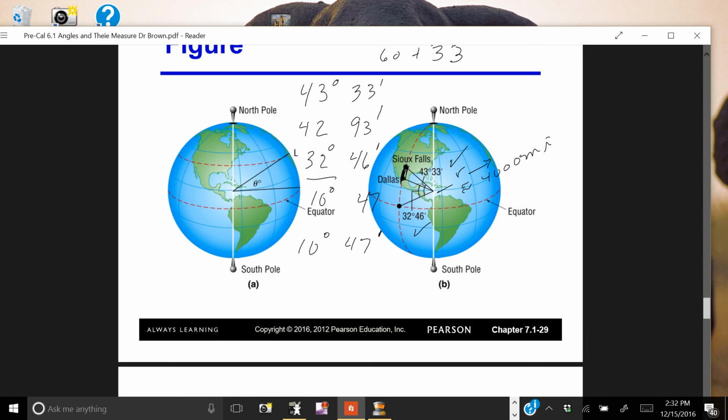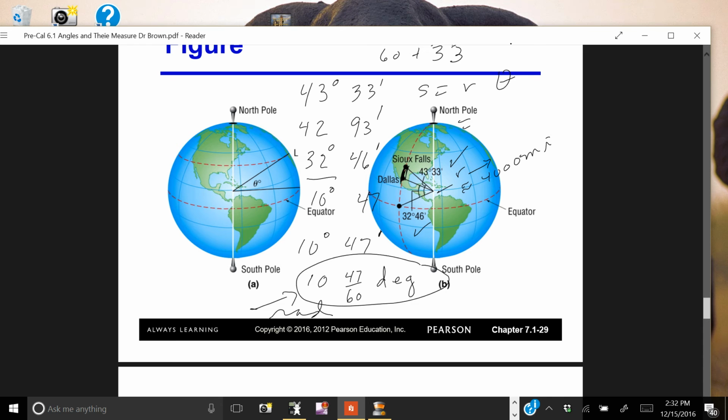And that would be 10 and 47/60ths degrees. And you would convert this to radians and then use the equation S equals R theta.